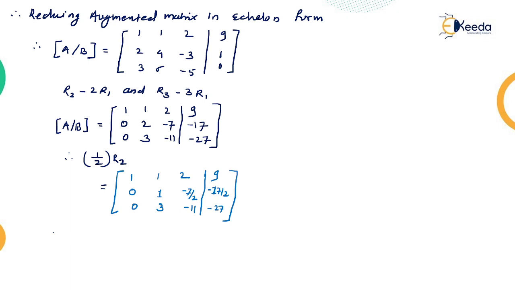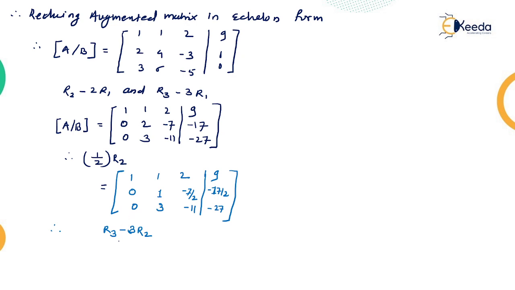Now in the second row the leading element is 1, and below the leading element we have to make 0. So how to make the element below the leading element 0? We change R3 to R3 minus thrice R2, using the row R2.